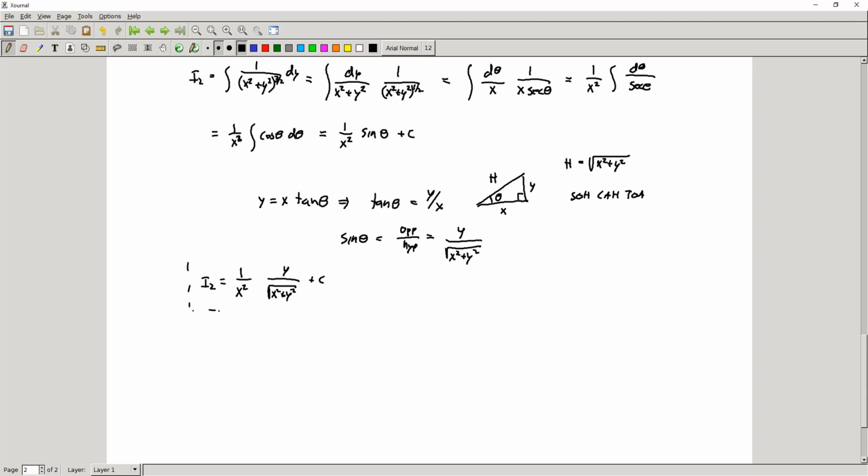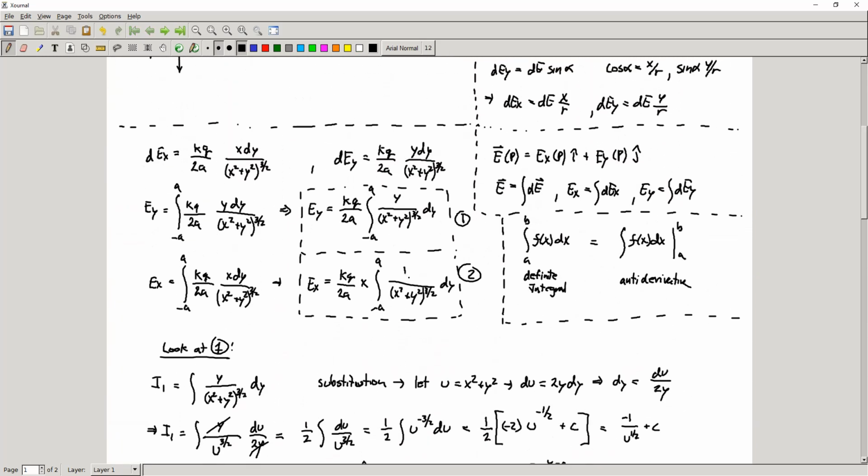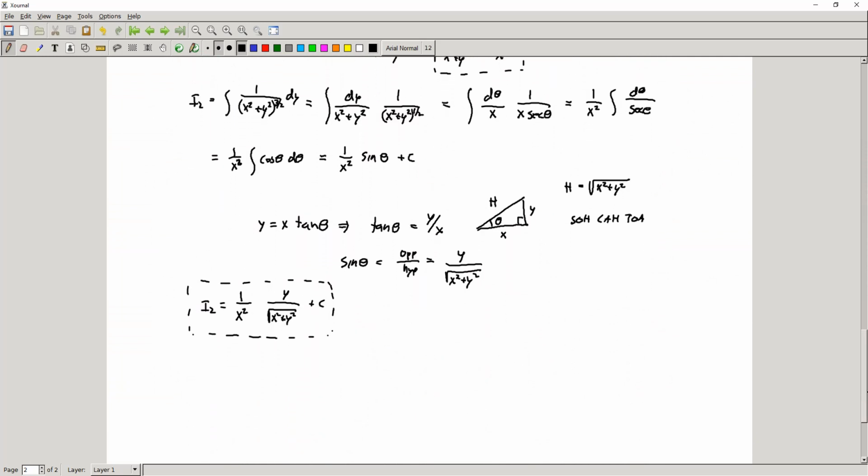So this is our indefinite integral, and we now need to bring this back to the definite integral that we want to solve. And so what is this telling us? If we look back at equation 2 up here, we can substitute in for this and evaluate at our two limits of integration here. And let's see what we end up getting.